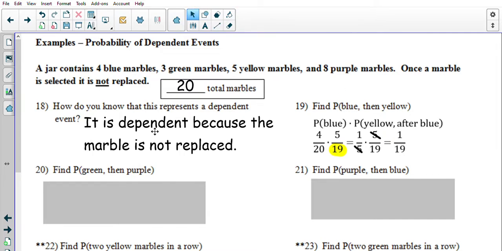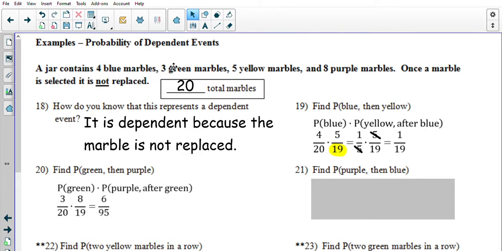Number 20, find the probability of green, then purple. So let's start off with probability of green. That is 3/20. But then for purple after green, we have 8 purple marbles, but keep in mind we only have 19 left. 3/20 times 8/19 is 6/95. And again, you may use your calculator to do that. Number 21, find the probability of purple, then blue.